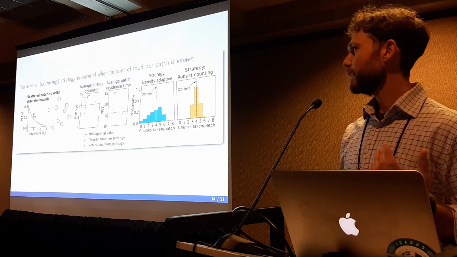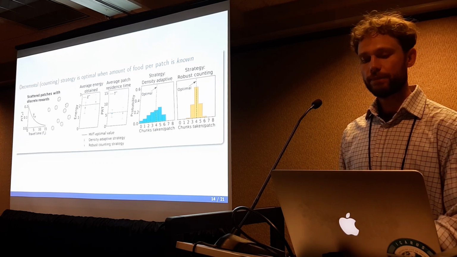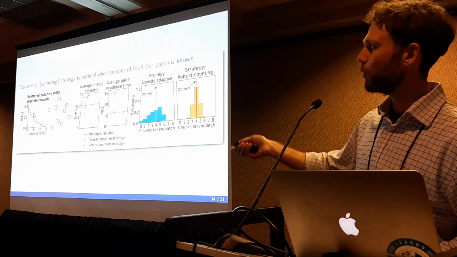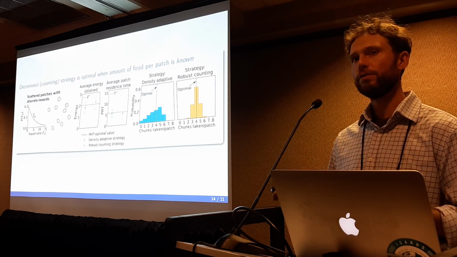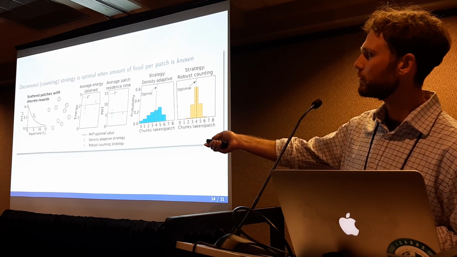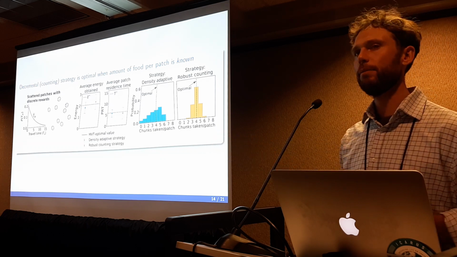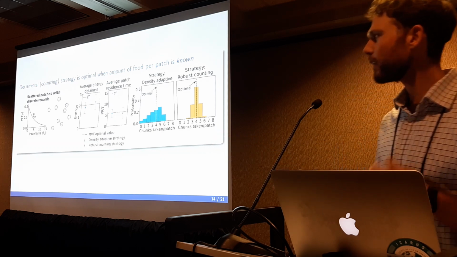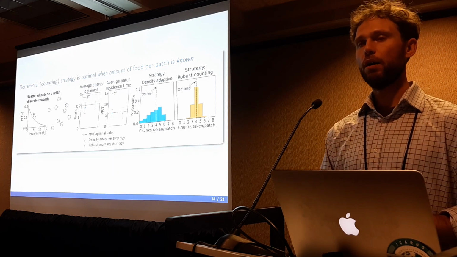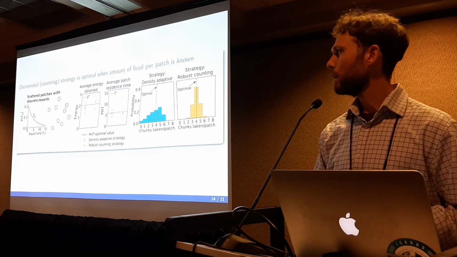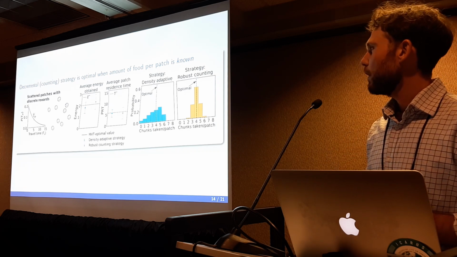Okay, now let's consider a different environment. So now, here we considered continuous rewards. Now let's consider, what if we have discrete rewards and patches are scattered, so travel time between patches is drawn from an exponential distribution. However, in this environment, all the patches have the same number of food items, and it's a discrete number.